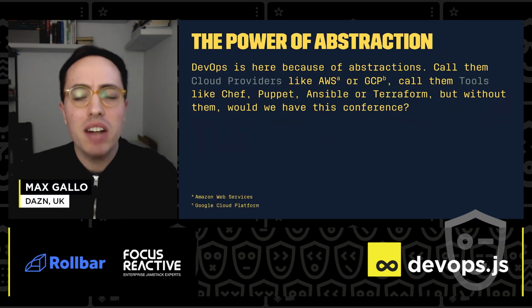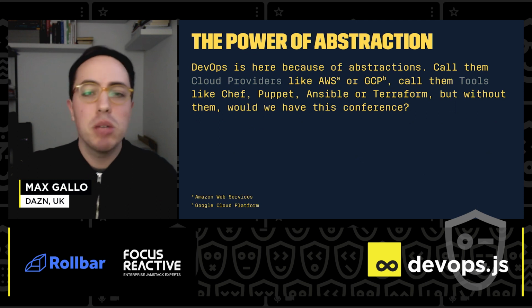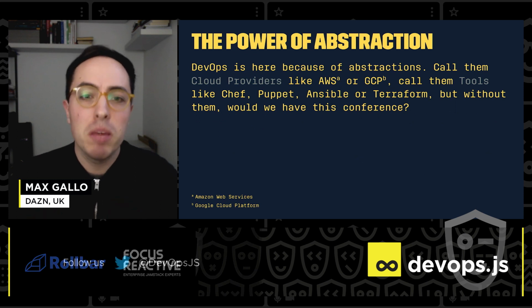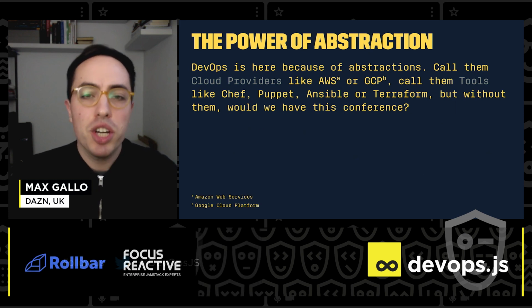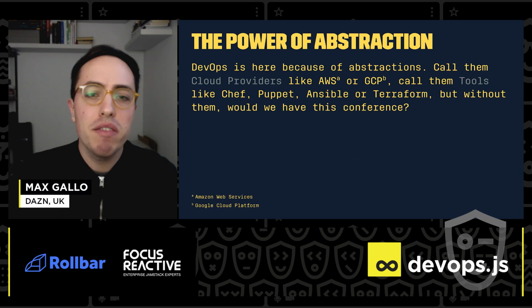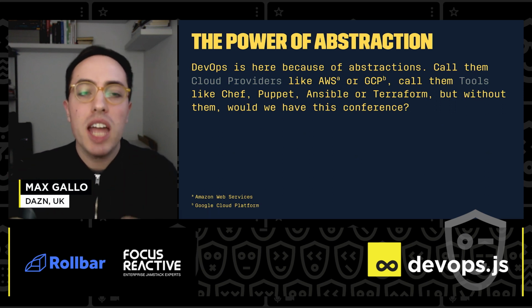And abstractions are something very powerful. If you think about cloud providers like AWS, Google Cloud Platform, they built some services on top of servers, on top of databases, on top of many things that developers and operations used to deal with in a very different way. But by building these abstractions, we were able to make teams more autonomous.